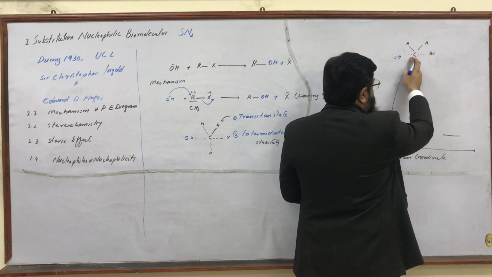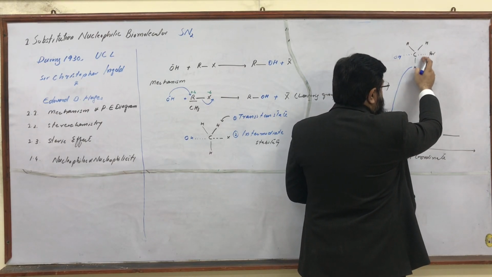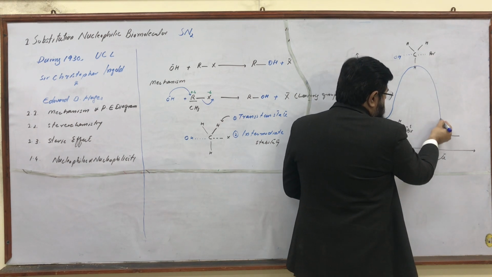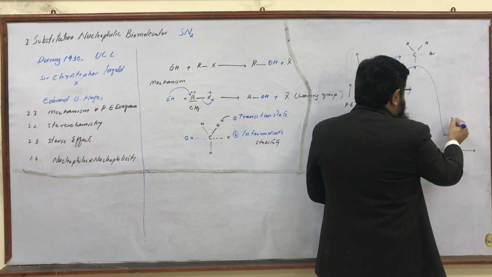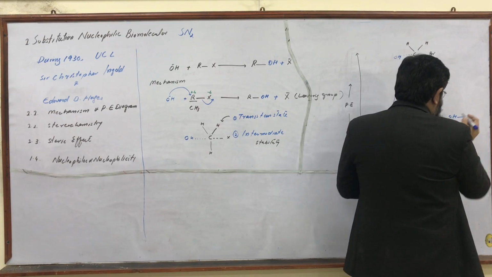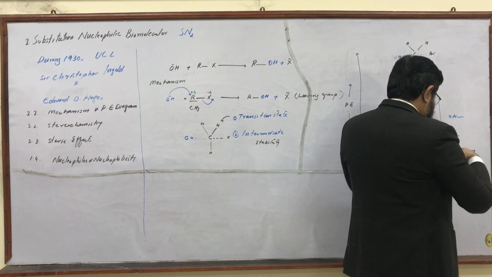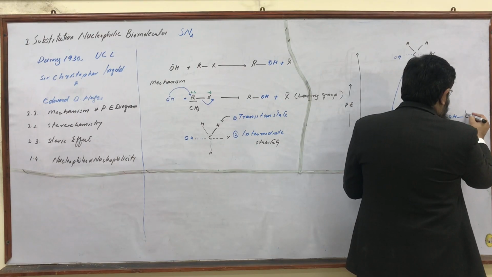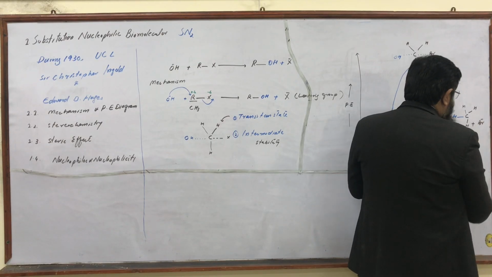When this bond completely forms and this bond completely breaks, it will convert into a product. In product we will have a bond between carbon and the attacking nucleophile. This is carbon, hydrogen, hydrogen, and we have a leaving group.